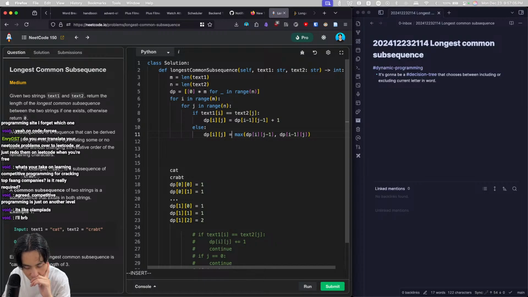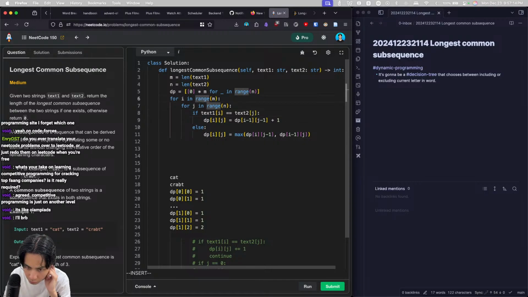And then what? The problem becomes these ranges. 1 to n plus 1 maybe? 1 to n plus 1, with lens n plus 1.